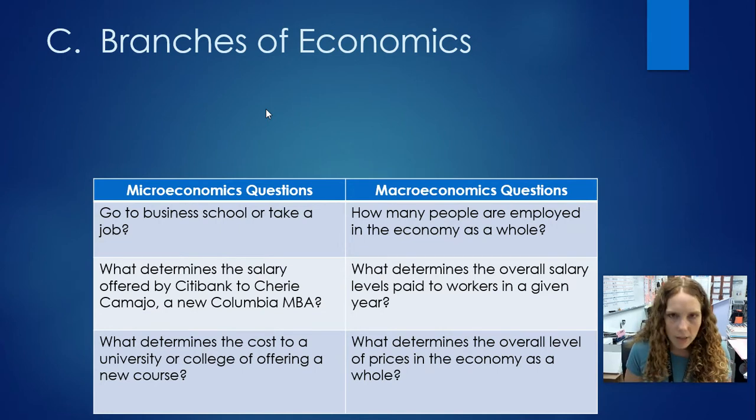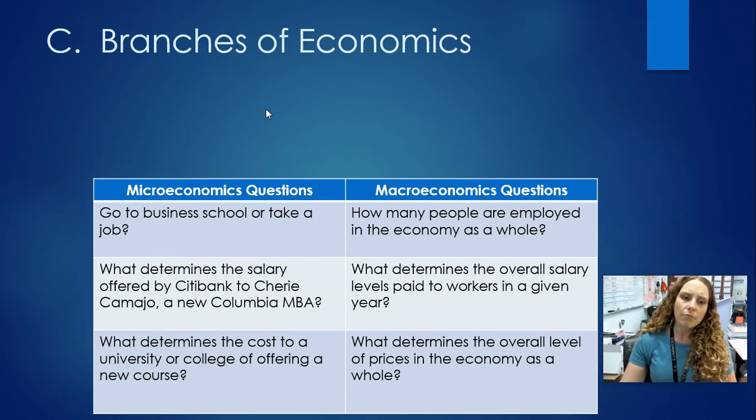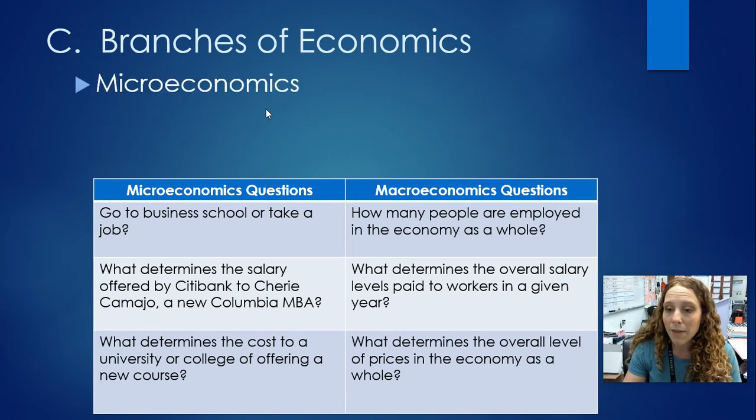Let me talk for a few minutes about the different branches of economics. Some of you may be wondering why in the world it is called microeconomics. What's different about that? There are two different fields, two different branches of economics. There is micro and there is macro. We will be dealing solely with microeconomics. Micro, as you can probably guess, means small.